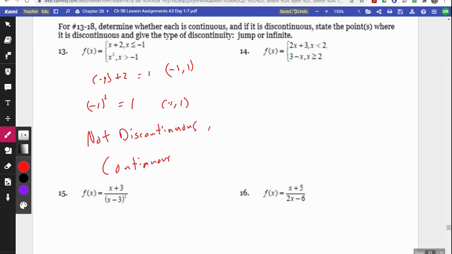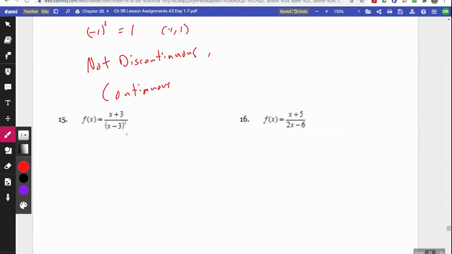You could do the same thing for this guy. One thing I want to touch on, though, in number 15, we right now see this as x can't be 3. And generally, when we find a number in the denominator that x cannot be, because we would get a divide by 0 error, or it doesn't exist at 3, that's usually an infinite discontinuity.